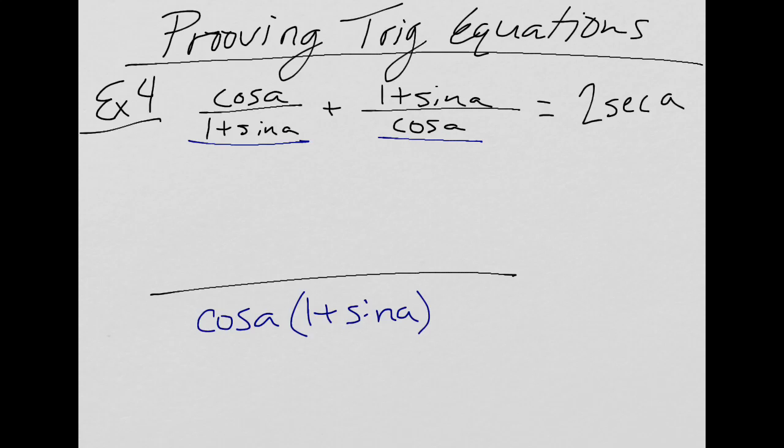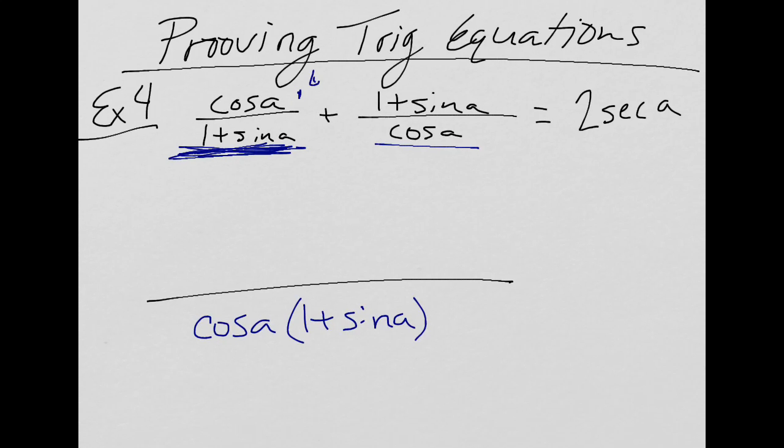Now what I have to figure out is, what did I multiply this first fraction by to get the denominator on the bottom here? I multiplied it by cosine A. So if I multiply the bottom by cosine A, I've got to multiply the top by that too.